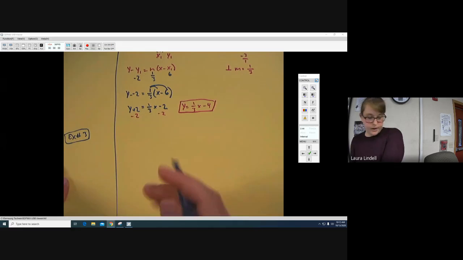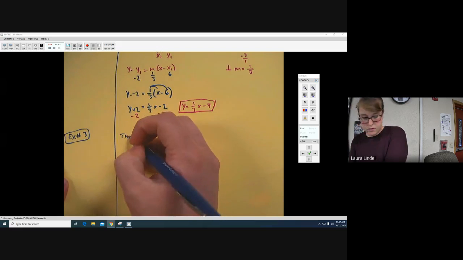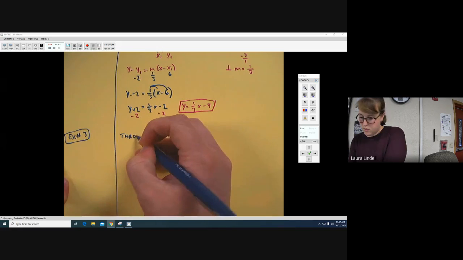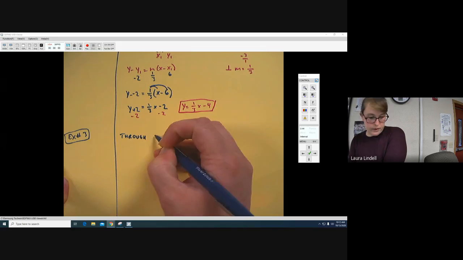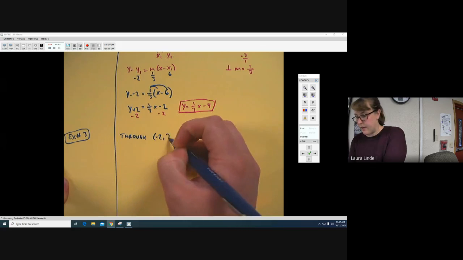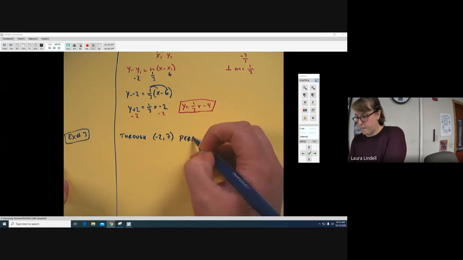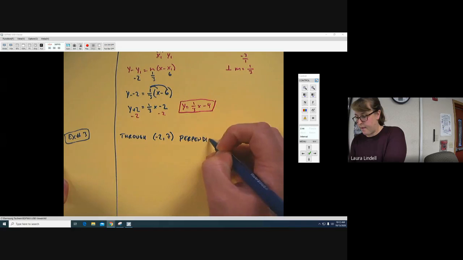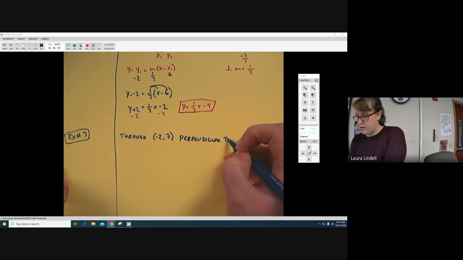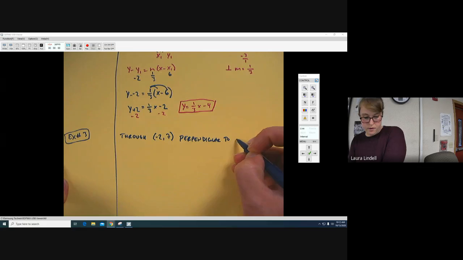This time we're going to go through the point -2, 7, and perpendicular to 4y minus 3x equals 5.